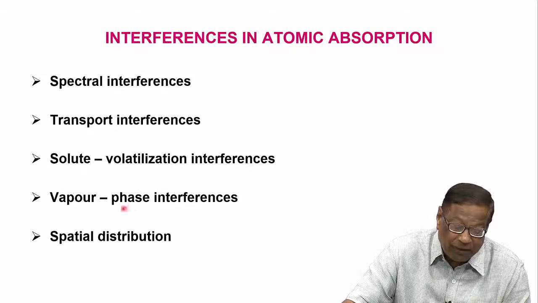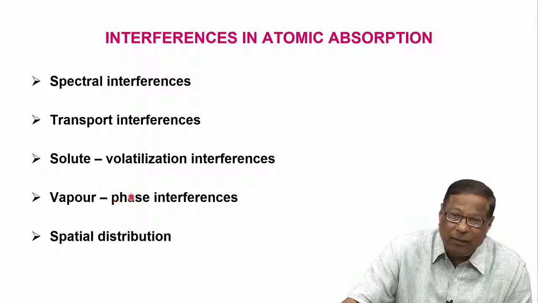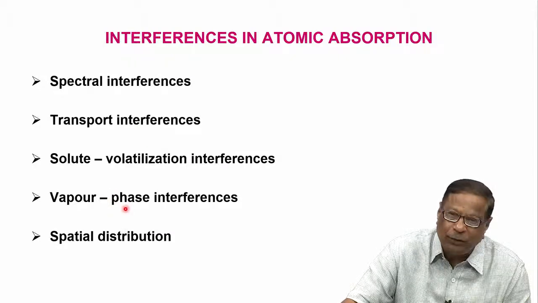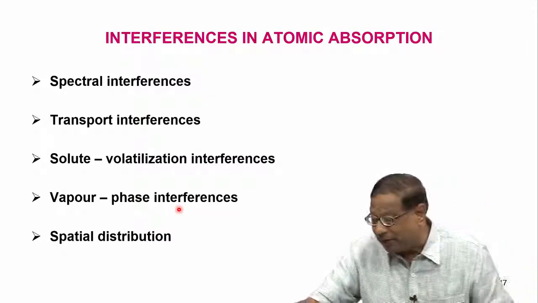And then vapor phase interaction. In the flame, everything is in the vapor state, so there could be interactions in the vapor phase, and the formation of CO, CO2, CH, NO2, NH2, and all kinds of possible vapor phase reactions are possible, and this may cause a certain amount of error in the measurement.